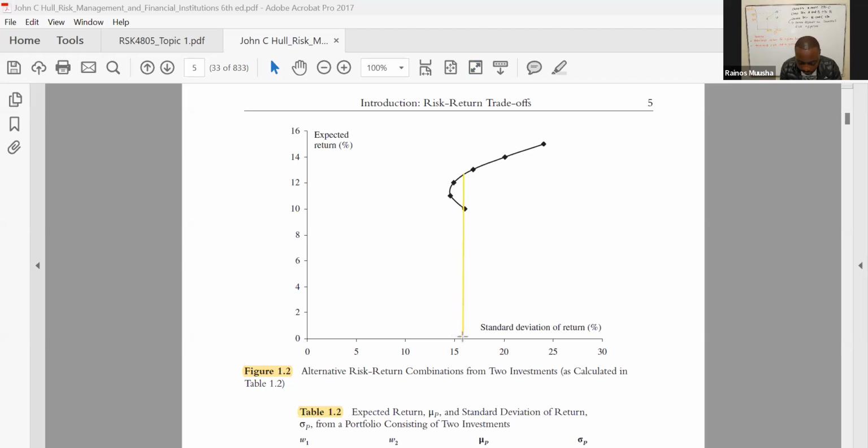Because for the set amount of risk exposure, you are better off finding yourself at this return and risk relationship than at this risk and return relationship. Because at this relationship, you are able to get a higher expected return for the same amount of risk compared to being at this one.